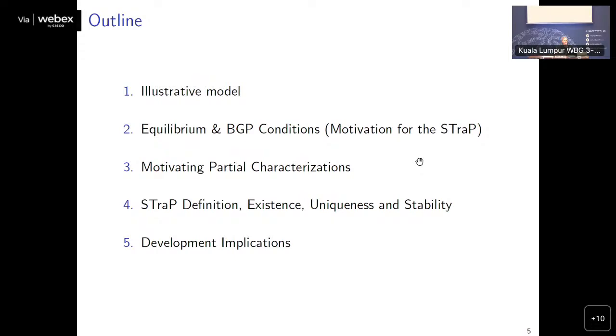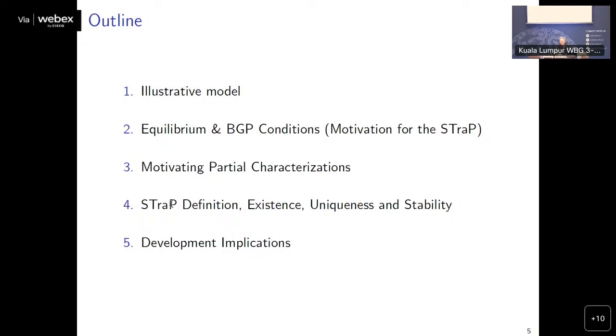Okay, so I'm going to give you a very simple canonical structural transformation model to explain why there's no balanced growth path, so you have a good sense of what the problem is. Then I'm going to introduce the concept of a stable transformation path, and then I'm going to skip this, which is where Danny comes in, the smart guy in the group.